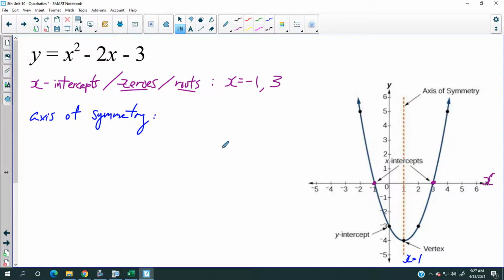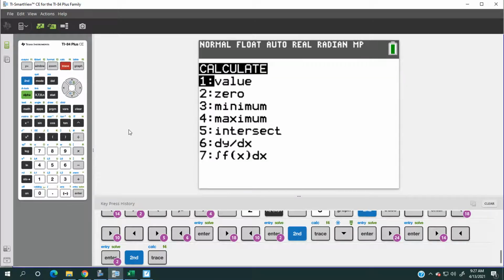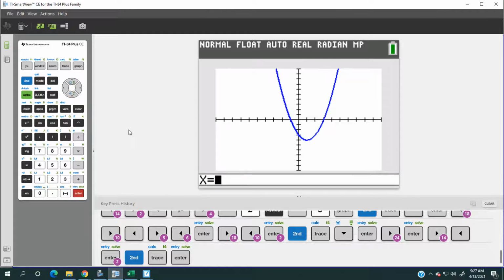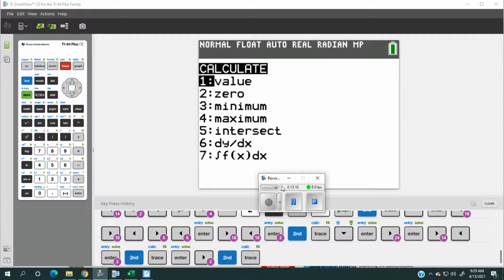Well, that means that now we can try to do it with the graphing calculator. So let's go back to trace. Second trace, okay. I picked the wrong button there.